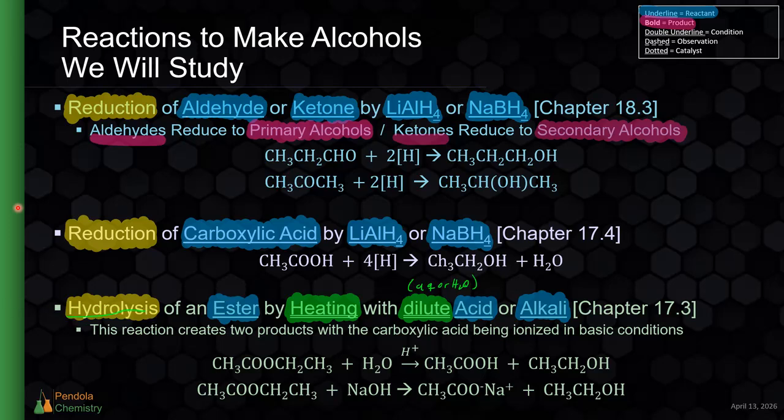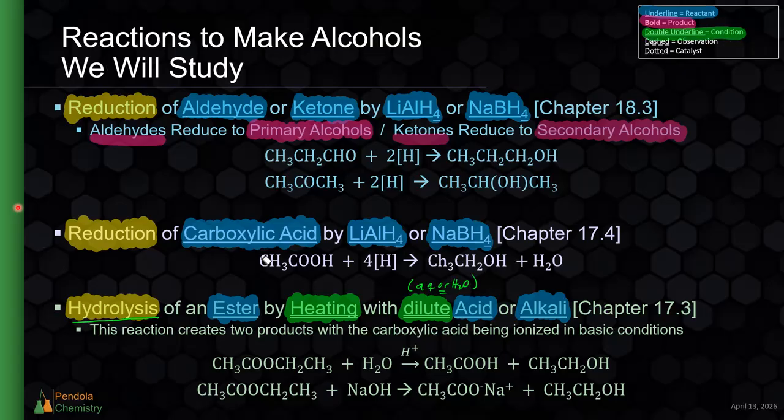There is water present in our reaction because the acid or the base are dilute, meaning they're aqueous, meaning there is water involved. So if we heat up an ester with dilute acid or alkali, one of the resulting products will be an alcohol from that ester.